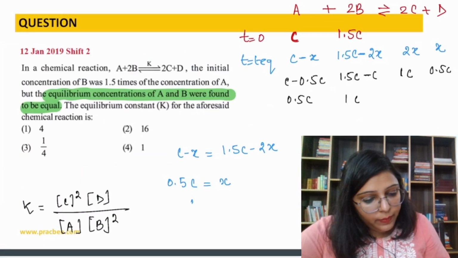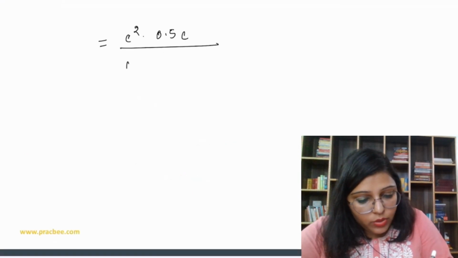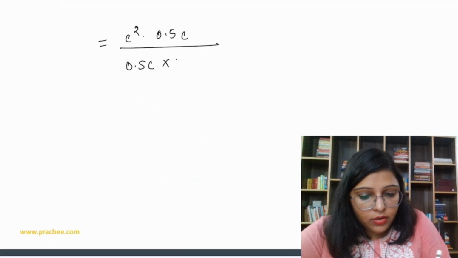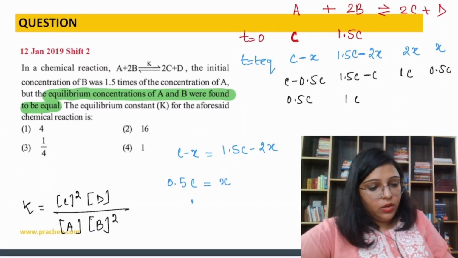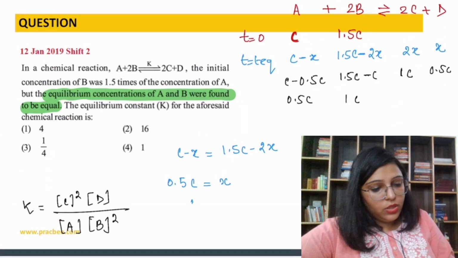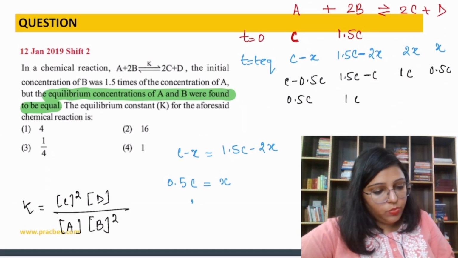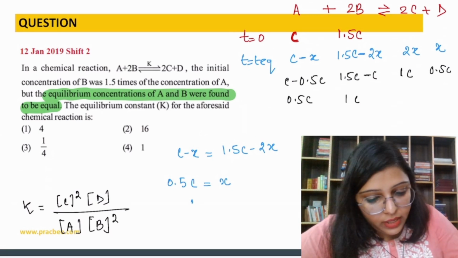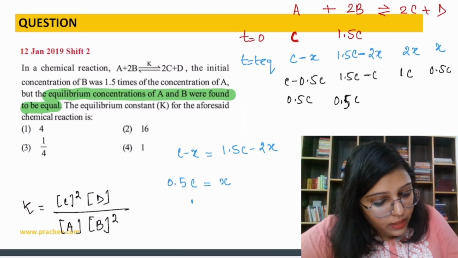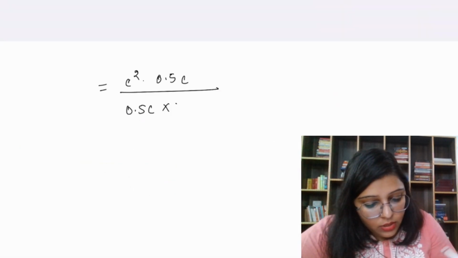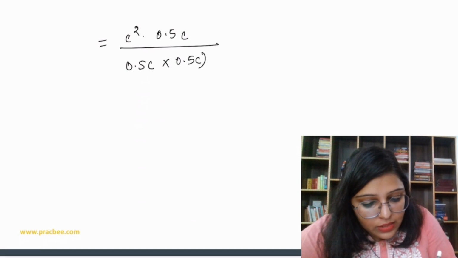We get C squared, 0.5 C, divided by 0.5 C and 1 squared, here 0.5 C for D, and so on.